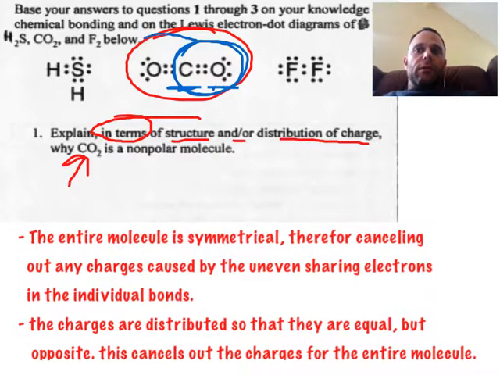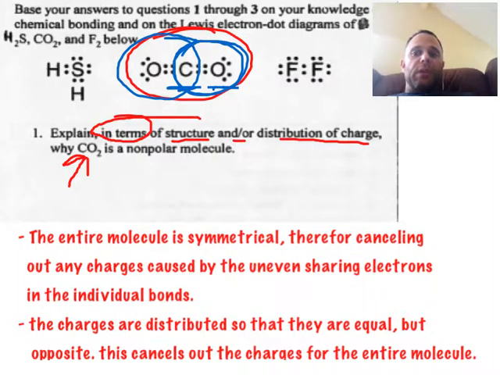And for that matter, so is this one, but they're equal and opposite. Getting to the next possible answer: the charges are distributed so that they are equal, but opposite. This cancels out the charges for the entire molecule.